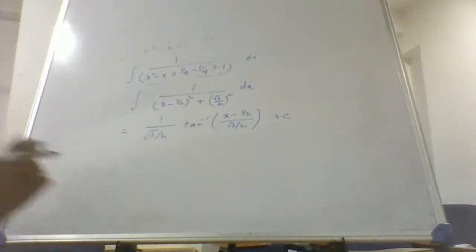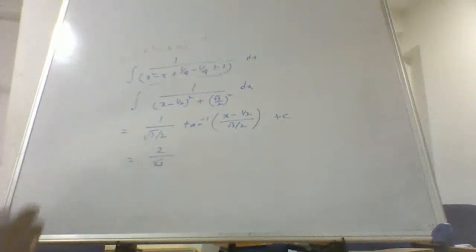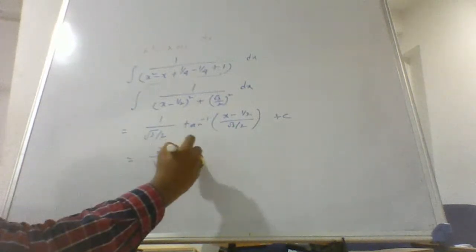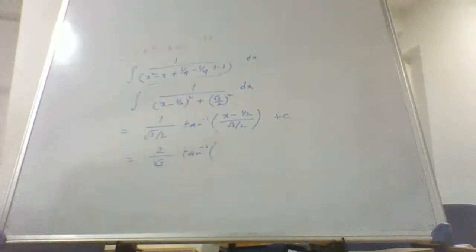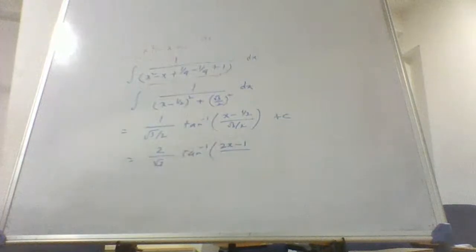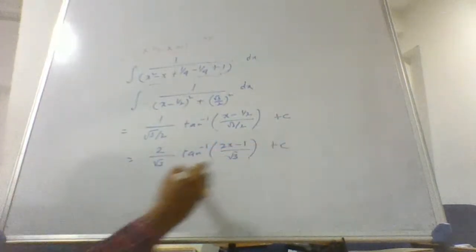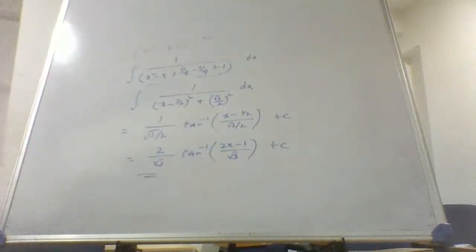Further, if I want to simplify, this is 2 by root 3 tan inverse of (2x minus 1) divided by root 3 plus c. So this is the integral of this.